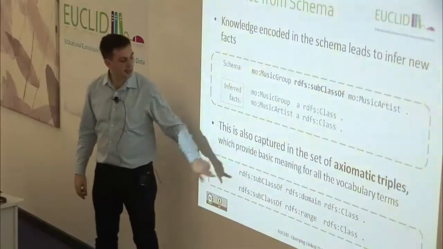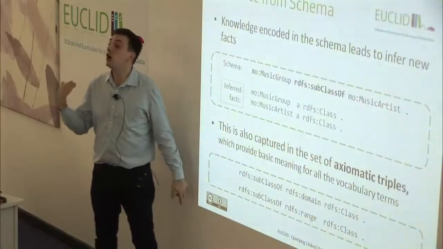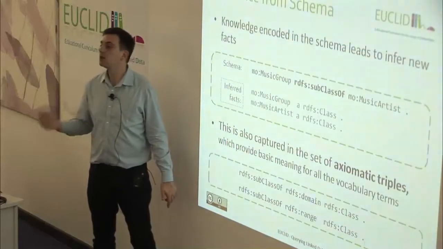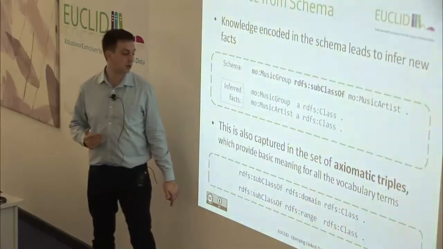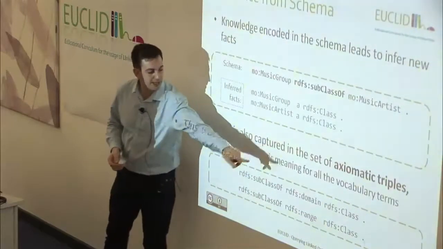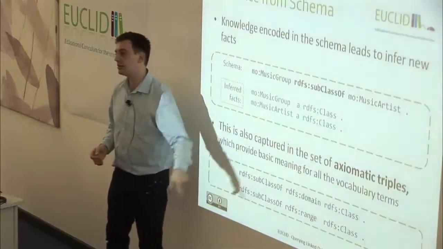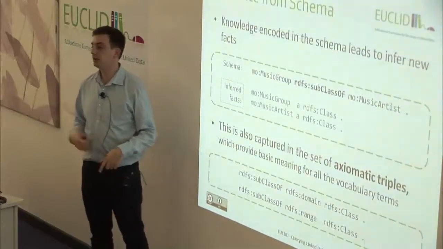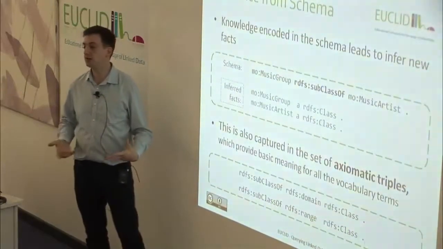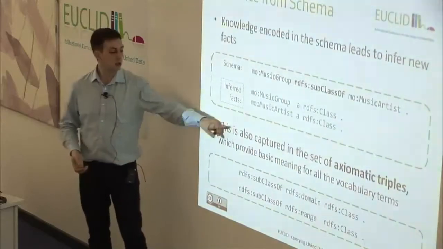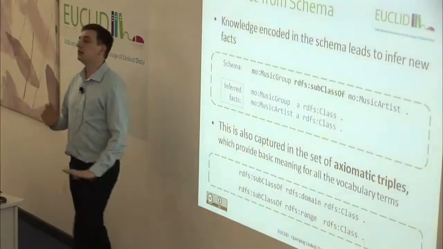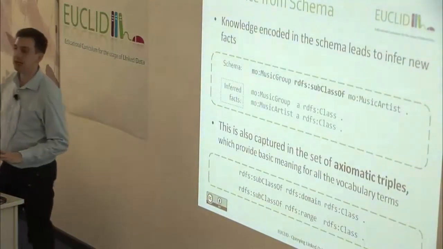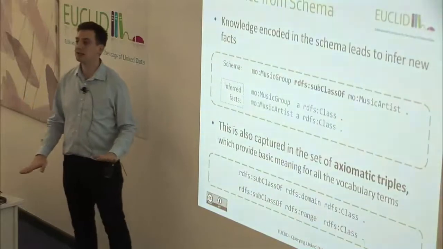You will receive, as a result of certain queries, facts that always hold, like subclass having a domain of class and a range of class. It's actually from these things that we infer that in particular music group is a class and music artist is a class. But these two triples hold and are queryable when you have RDFS entailment, whether you have any classes or not.